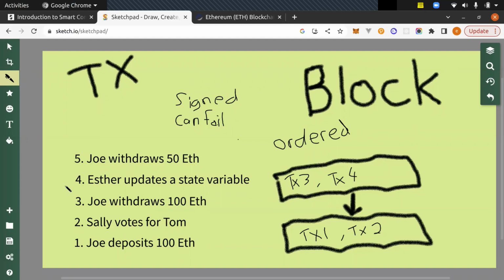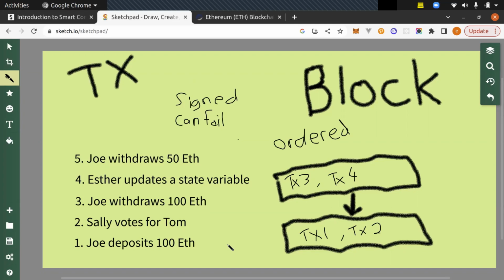In our example, the first entry in our ledger is transaction number 1. A guy named Joe deposits 100 ETH. Transaction 2, completely unrelated: a woman named Sally votes for someone named Tom in a local election, and that's done via smart contract. Transaction number 3, Joe withdraws that 100 ETH.